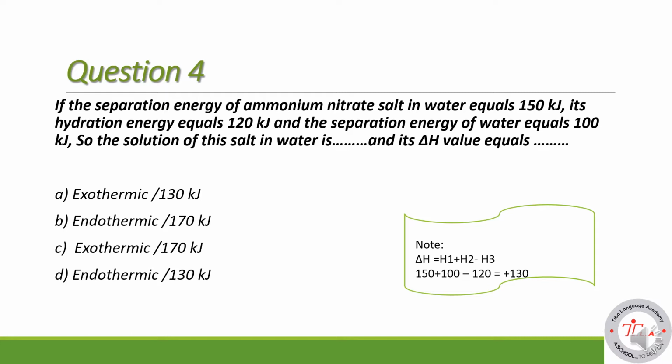H2 is the separation energy of the solvent, the separation energy of water, which equals 100, minus H3. H3 is the hydration energy, and the hydration energy here equals 120 kJ. So the total will be 130 kJ. 130 with a positive sign, not a negative sign. A positive sign indicates endothermic. So the answer is D.